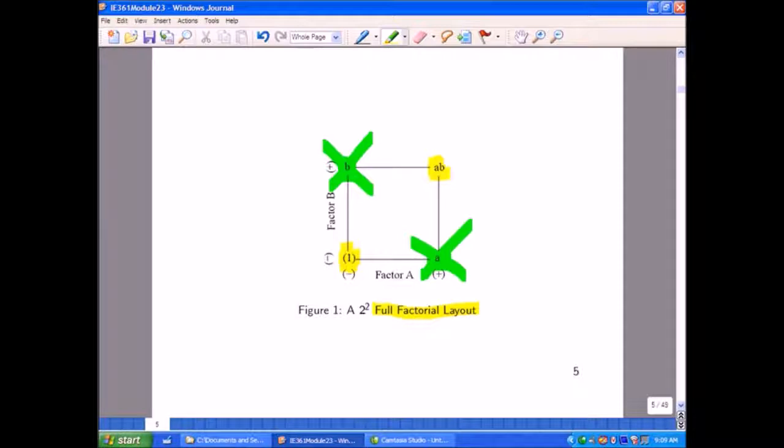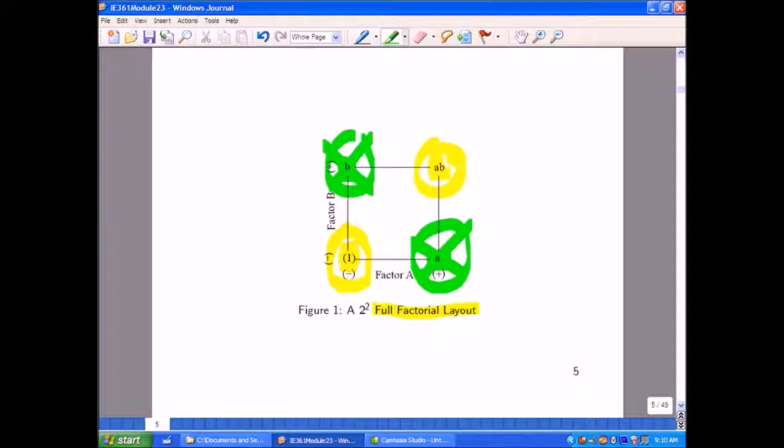But the point here is that whether I use this combination and this one, or the 2 green ones, what I'm going to do is to collect data from one setup and then change both the setting on the A knob and the setting on the B knob. That is, I will either use these 2, or I will choose the green 2 and collect data at those 2 combinations.